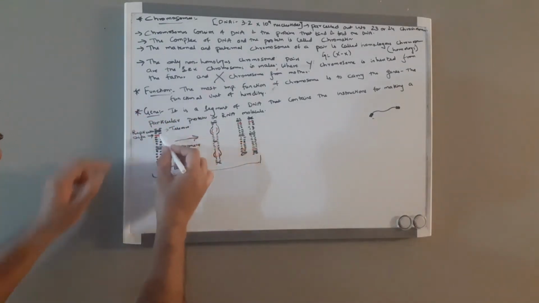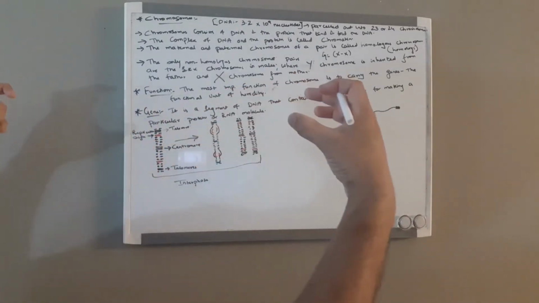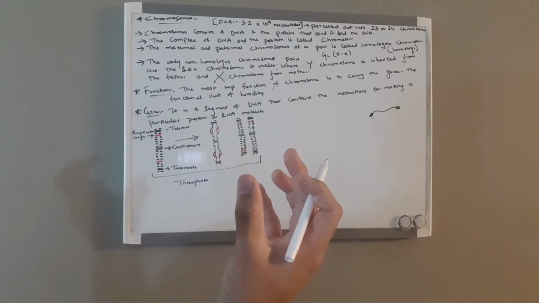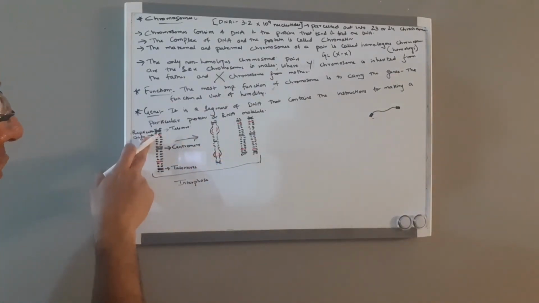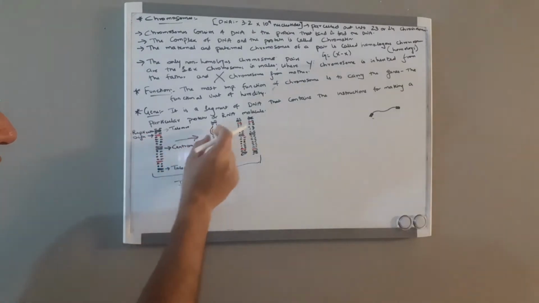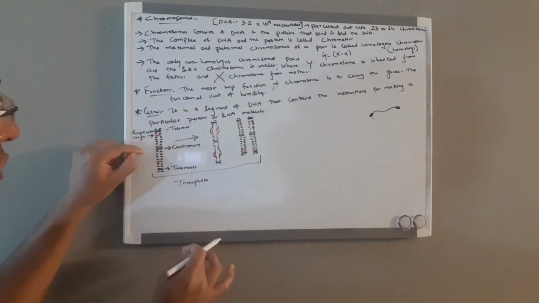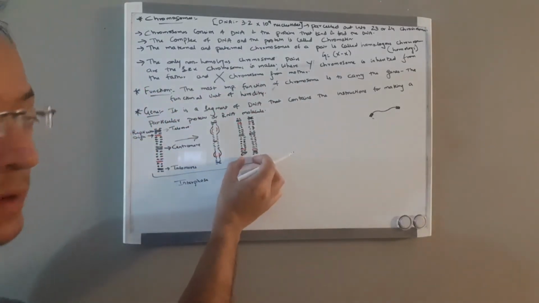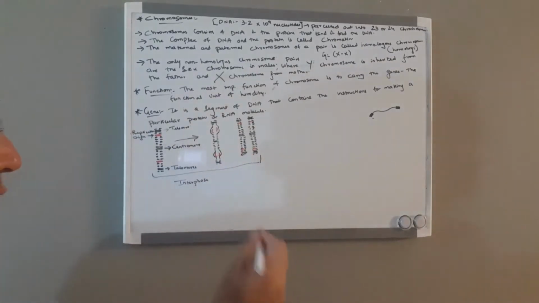So it goes like this, and it starts pulling outwards. It starts dividing from this origin of replication. As you can see, there are many origins of replication, and it goes like this, and then it separates and becomes two sister chromatids. That happens in our interphase.